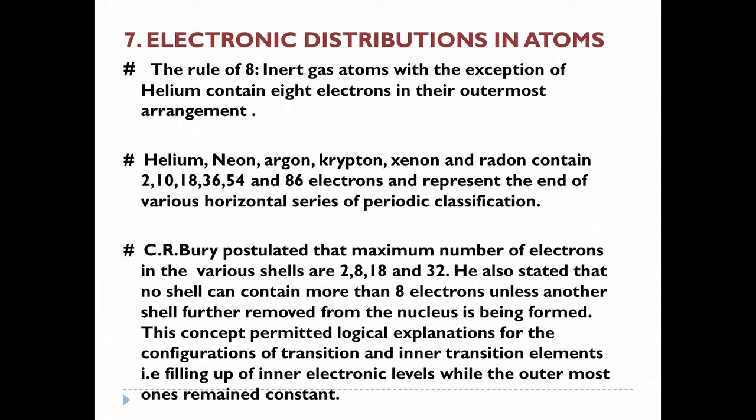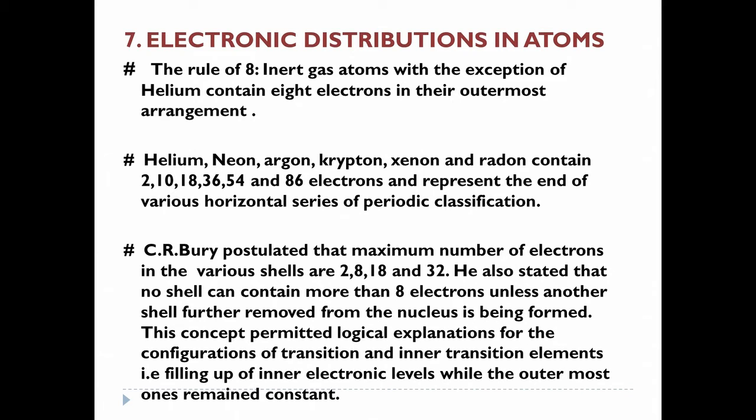Bury postulated that the maximum number of electrons in the various shells is 2n squared, that is 2, 8, 18 and 32. These are the maximum number of electrons that can be in any shell. So, no shell can contain more than 8 electrons unless another shell further removed from the nucleus is being formed.